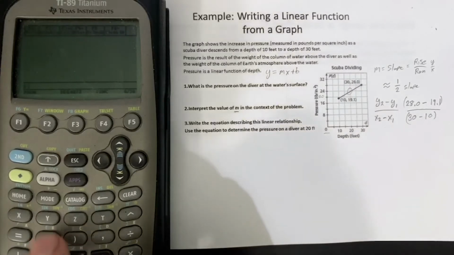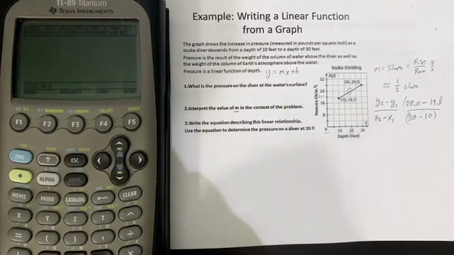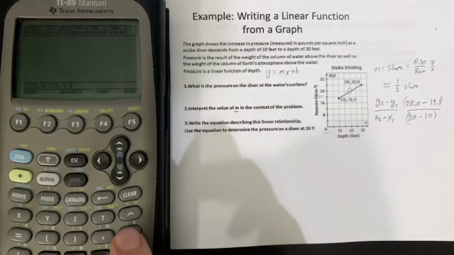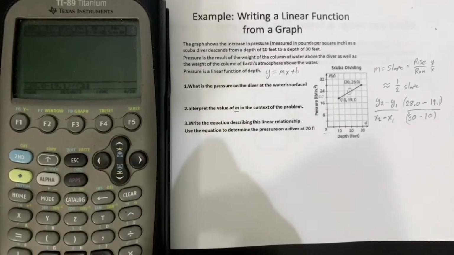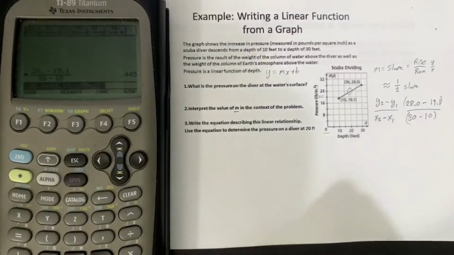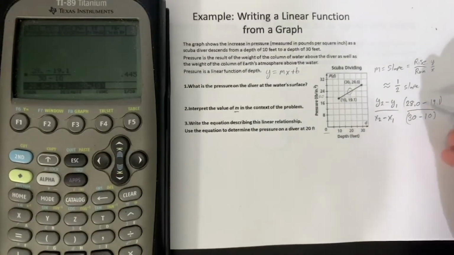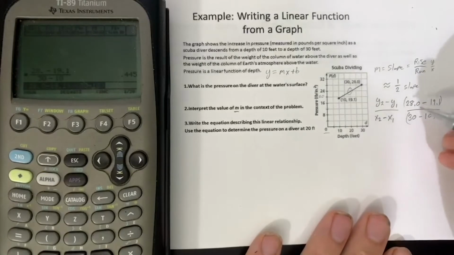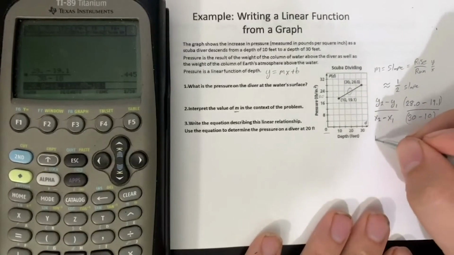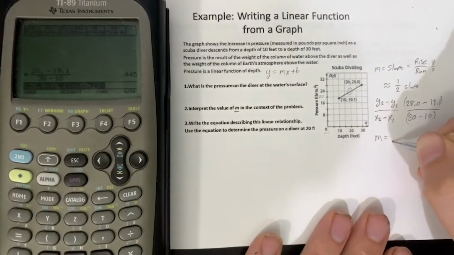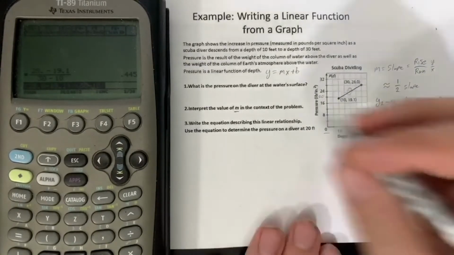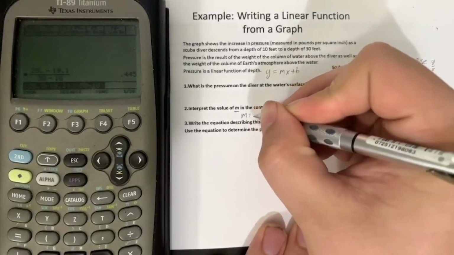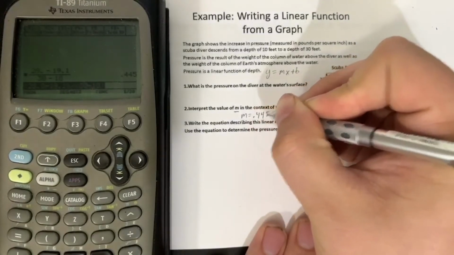We know that we have 28.0 minus 19.1 divided by 30 minus 10. We could have narrowed it down and solved them individually, but basically we're going to find out that m equals 0.445.